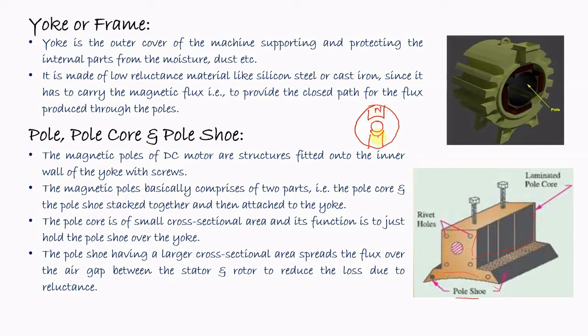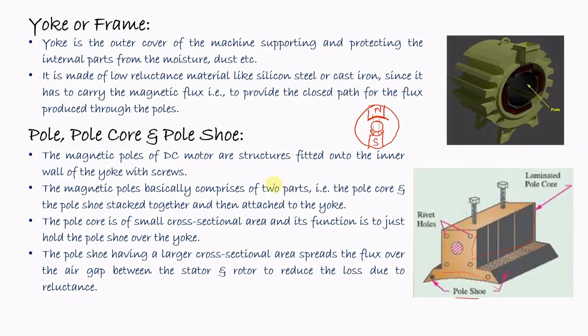So here the magnetic poles are created, that is north pole and south pole, and this flux will flow from north to south, so it will cross the air gap. So the purpose of the pole shoe is to distribute the magnetic field, distribute the flux uniformly throughout the rotor of the machine so that the flux should be uniform.